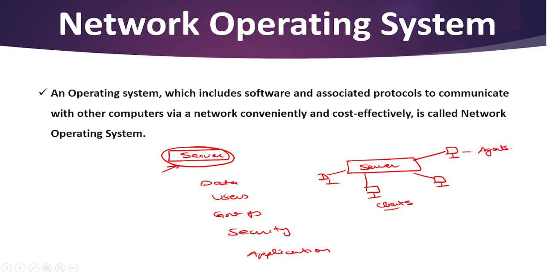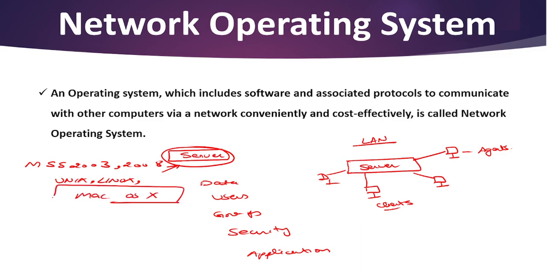The primary purpose of a network operating system is to allow shared file and printer access among multiple computers in a network, and typically a network operating system is used in LANs, that is local area networks. Some important examples include Microsoft Windows Server 2003, Microsoft Windows Server 2008, Unix, Linux, and also you can add Mac OS X. All these are examples of network operating system.